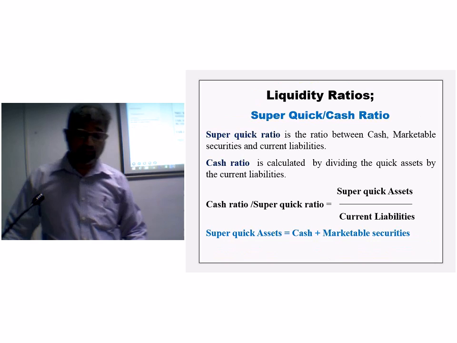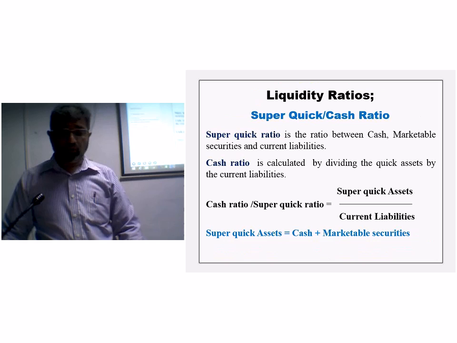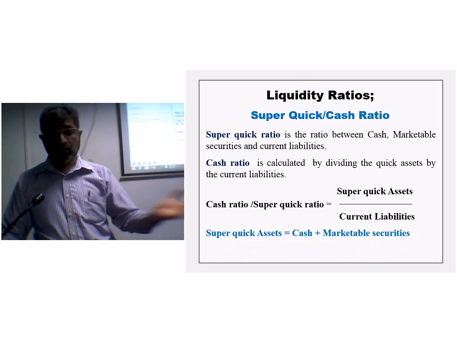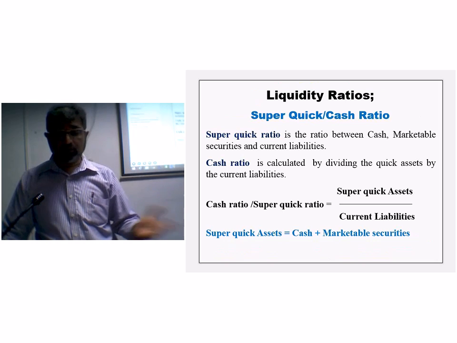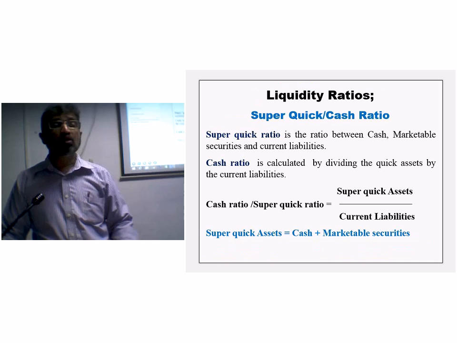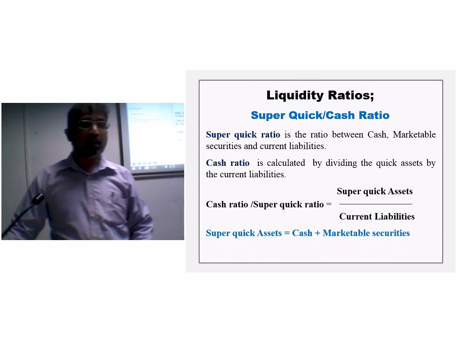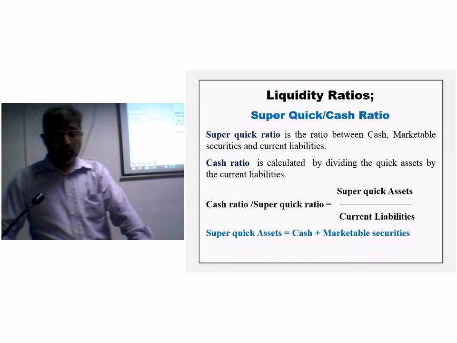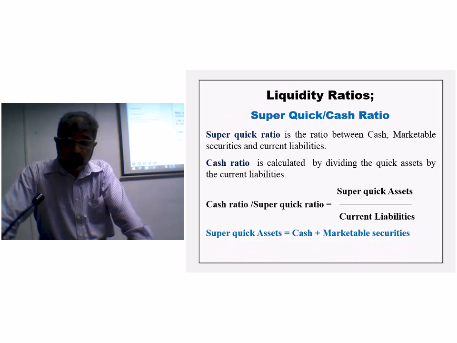Next one is also an important one among the current ratio, quick ratio, and super quick ratio or cash ratio, right? Here the super quick ratio is the ratio between cash, marketable securities, and current liabilities. Super quick assets represent cash and marketable securities.